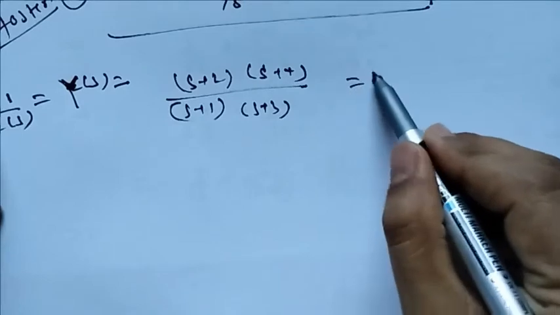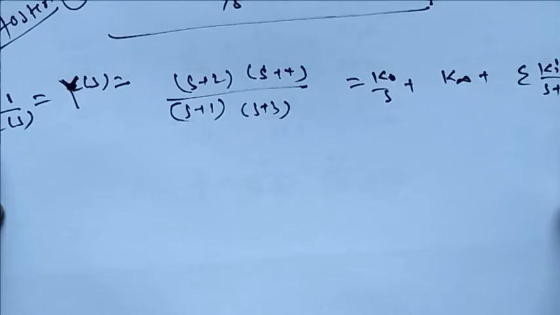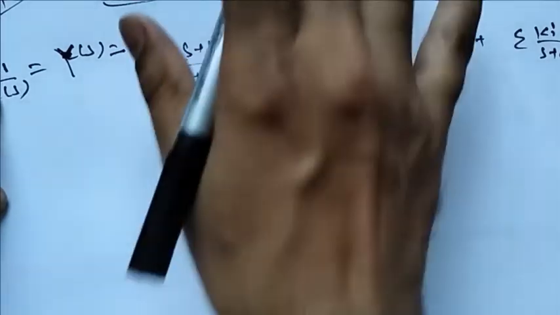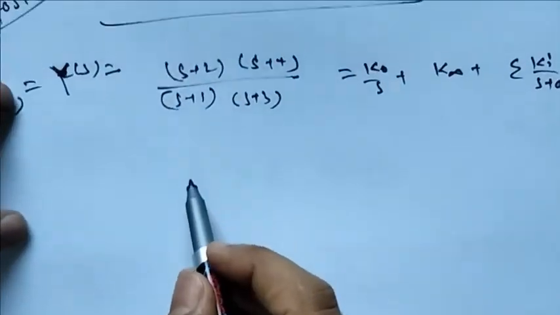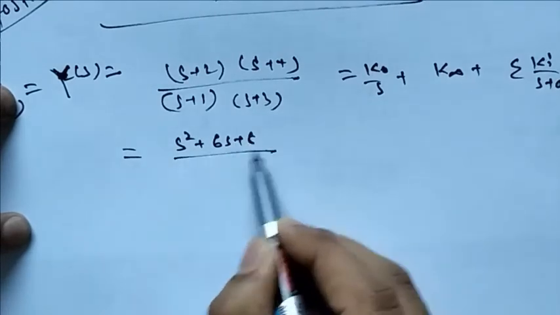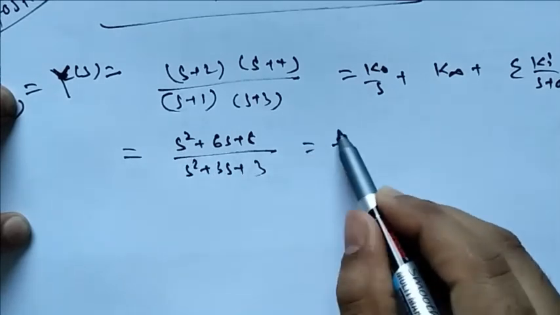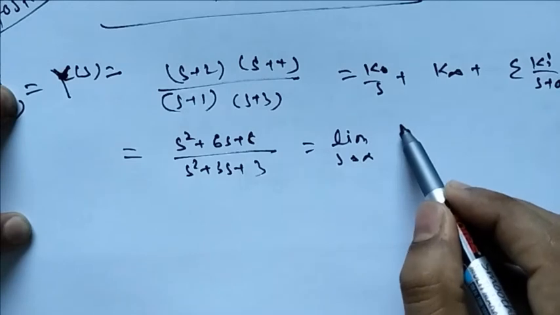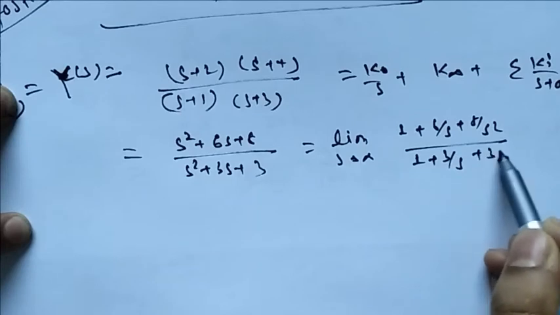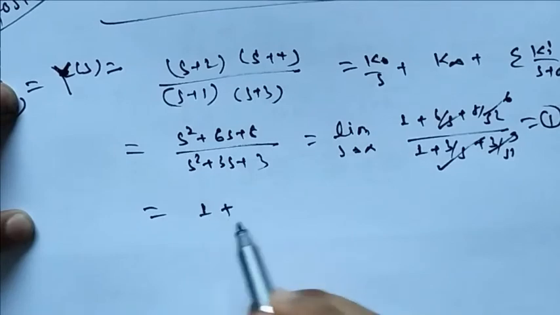Now if I compare with the K naught by s, K infinity, sigma Ki s plus sigma i, there is no pole at s equal to 0, so the K naught term is going to be 0. For K infinity, s square plus 6s plus 8, s square plus 3s plus 3. Now if you divide by s square, limit s tending to infinity, 1 plus 6 by s plus 8 by s square, 1 plus 3 by s plus 3 by s square, this is going to go to 0, and we are left with 1. So our K infinity term will be 1.